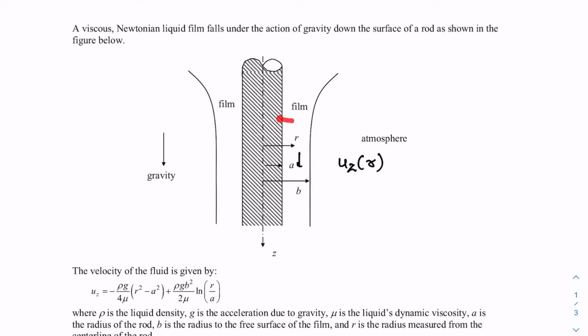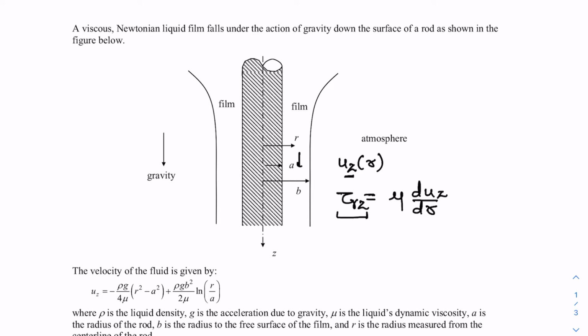Because of these velocity gradients in the radial direction, there are viscous shear stresses acting on the surface of this cylinder, which we can calculate from Newton's law of viscosity. It tells us that shear stress is the viscosity times the gradient of velocity. In this case, we have z velocity and the gradient is in the r direction, so we will be calculating tau rz.